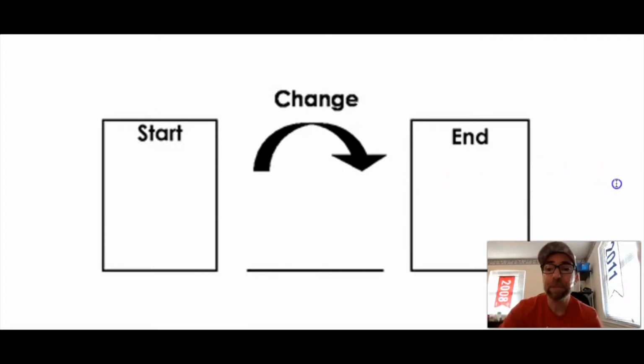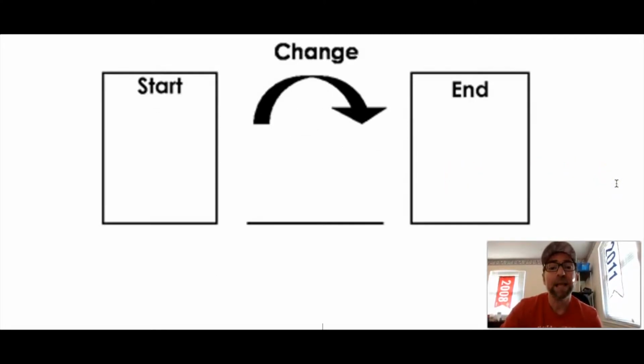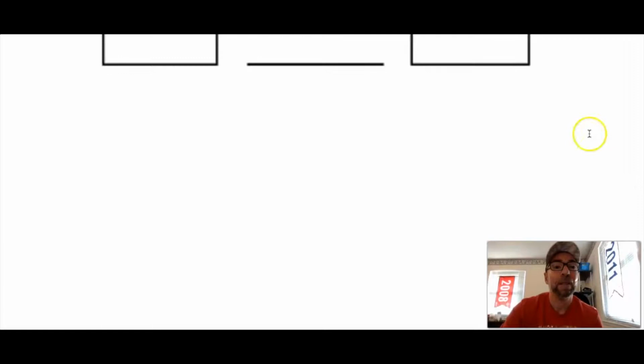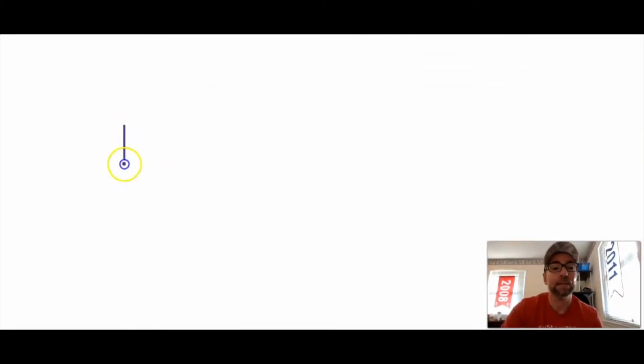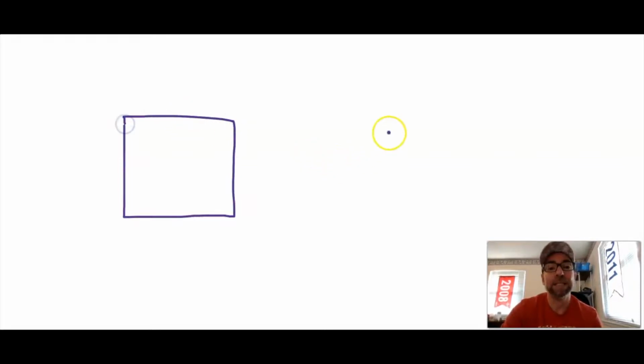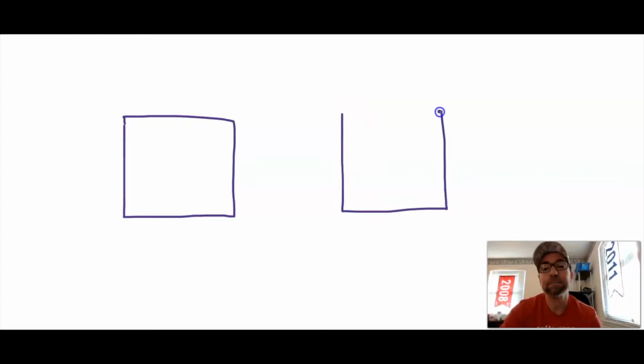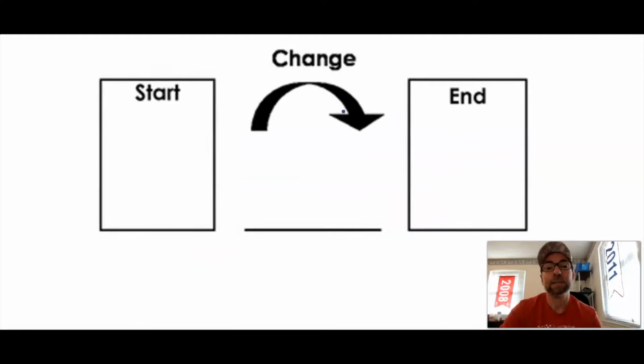And together, we are going to go ahead and draw a start, change, end diagram. So here we go. The first thing that we're going to draw is 2 boxes. So here's one box. I leave a space in the middle, and then I draw another box. And there it is. There's our 2 boxes.